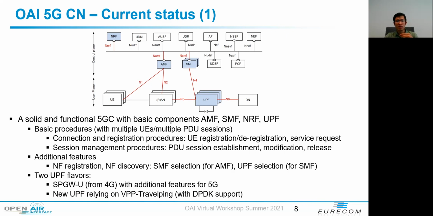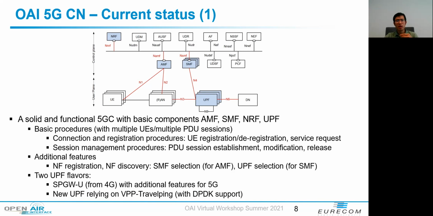Regarding the user plane, for now we use two different flavors for UPF. The first one is SPGW-U from the 4G core network, and we added several additional features to support 5G, such as a new GTP extension header to convey the QFI information.